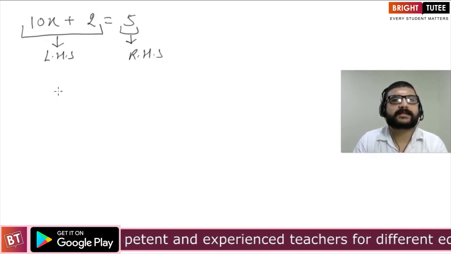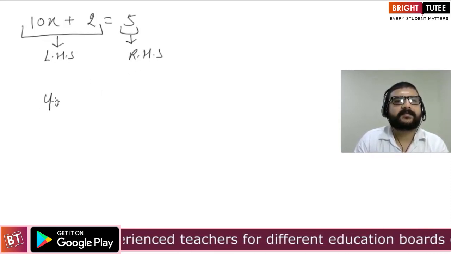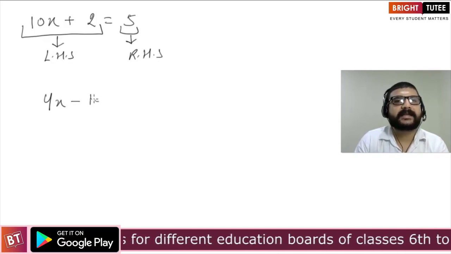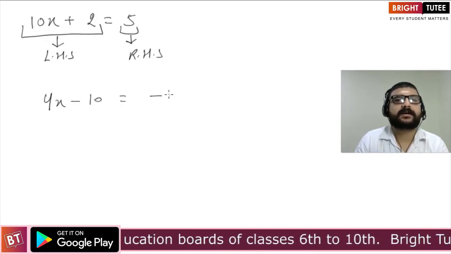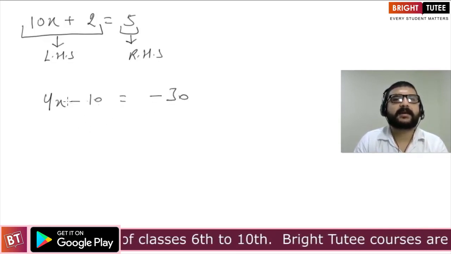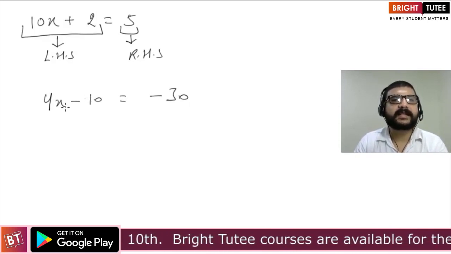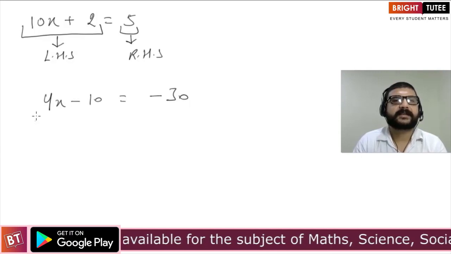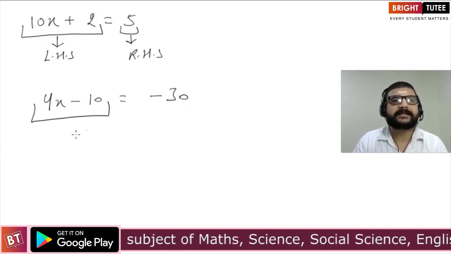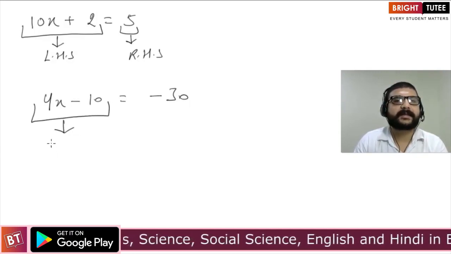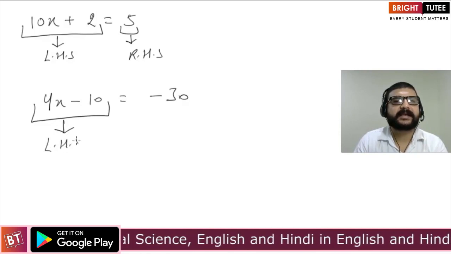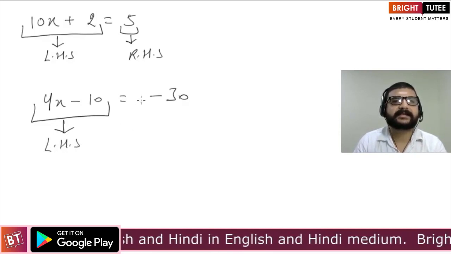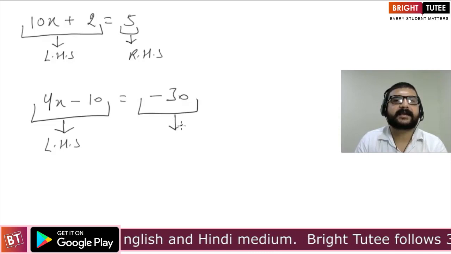Now let's see one more example, which is 4x minus 10 is equal to minus 30. Can you tell me what is the left hand side and what is the right hand side of this equation? So left hand side will be this side. 4x minus 10 is the left hand side, we will write it as LHS, and minus 30 is the right hand side of the equation.